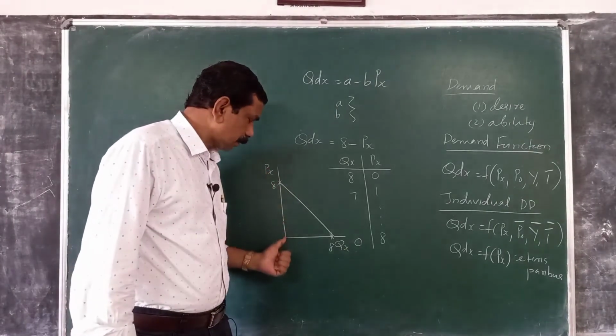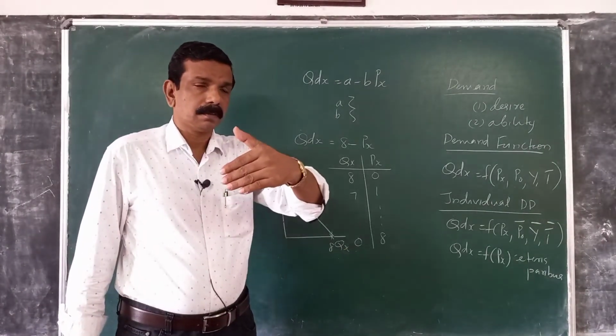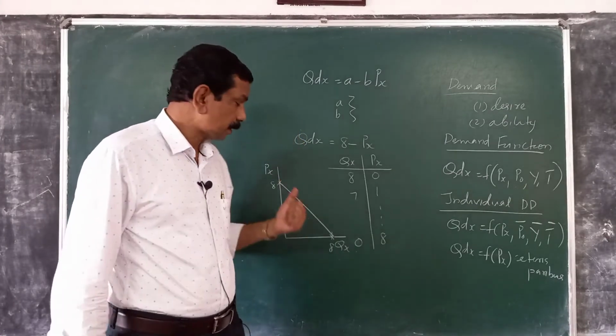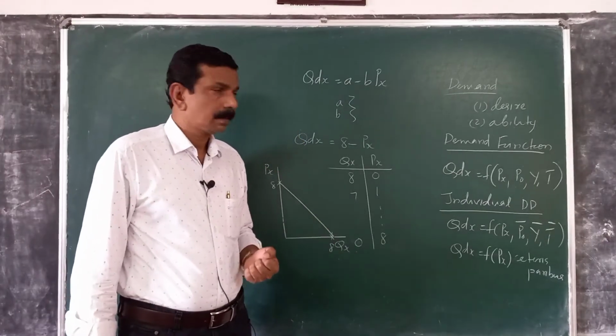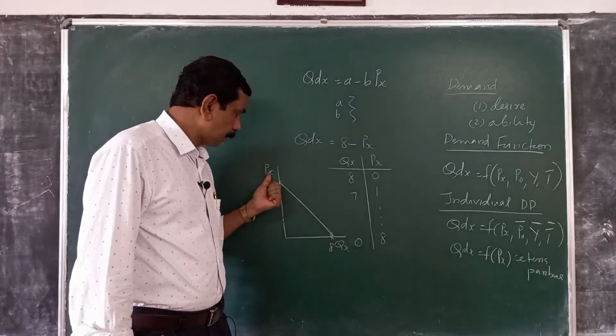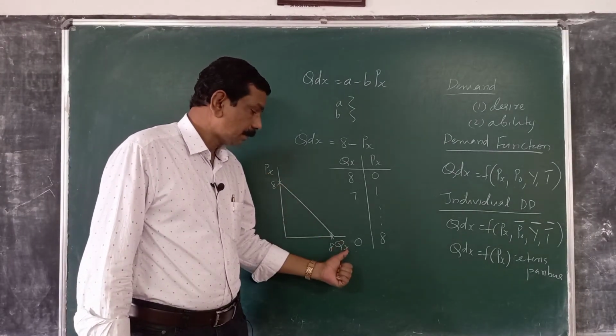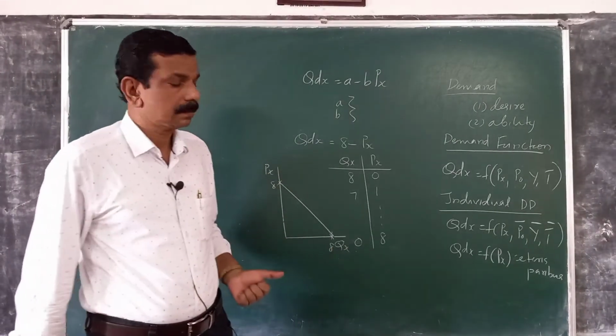But in economics, while drawing the relationship between price and quantity demanded, we take the independent variable on the y-axis and the dependent variable on the x-axis.